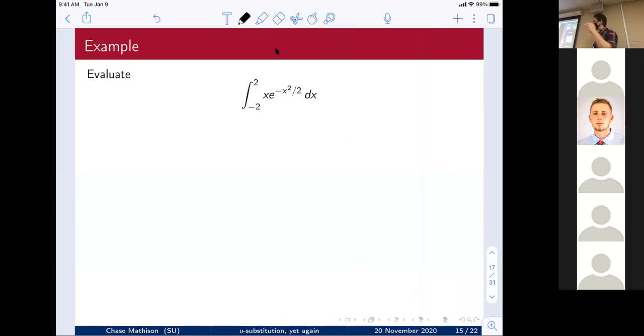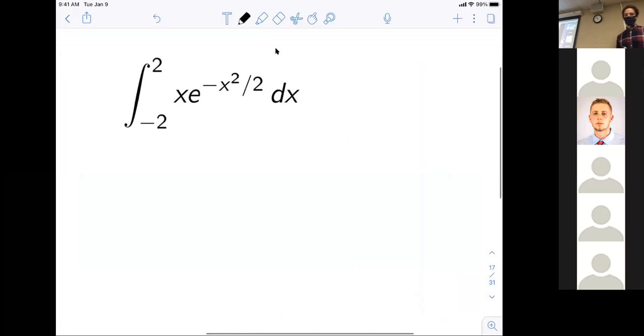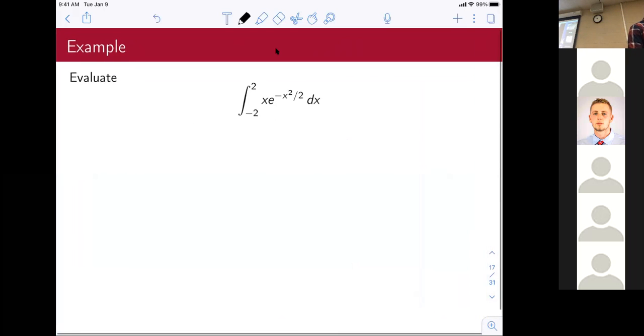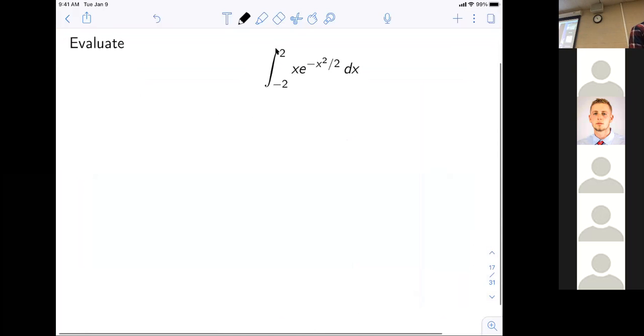So let's use that here. Let's use that to evaluate the integral of x times e to the minus x squared over 2 dx. Okay, the integral from -2 to 2. All right, so first, is that a function whose antiderivative you just know? No. So this looks like it's probably going to be a u substitution problem.